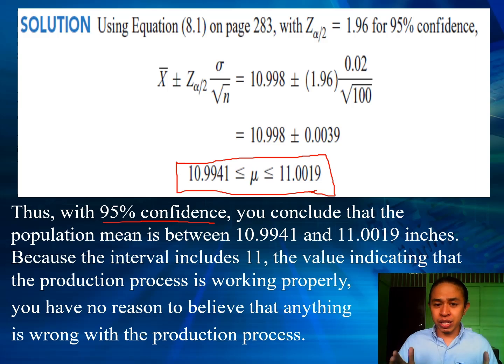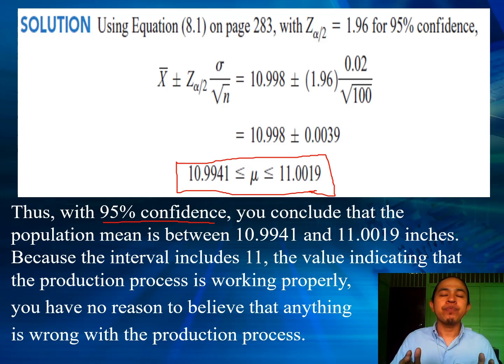Since our interval includes the population mean or the standard measurement, which is 11 inches, then the operation is going well. What you have to look for is that the standard measurement or the population mean should be included within the interval.